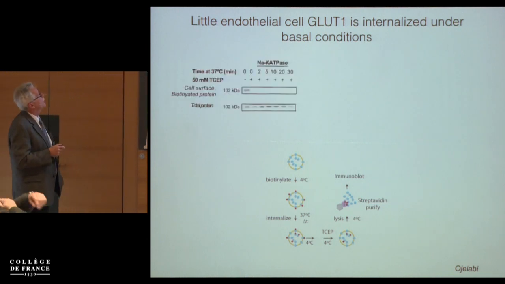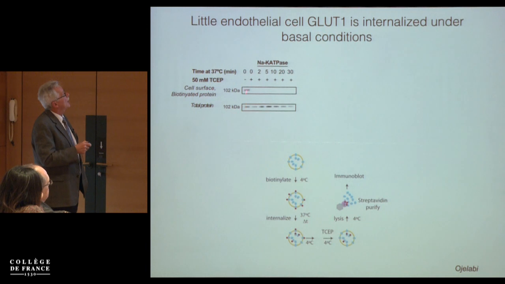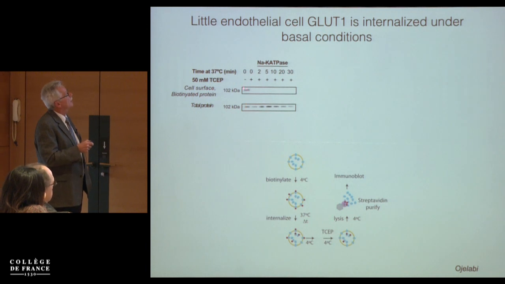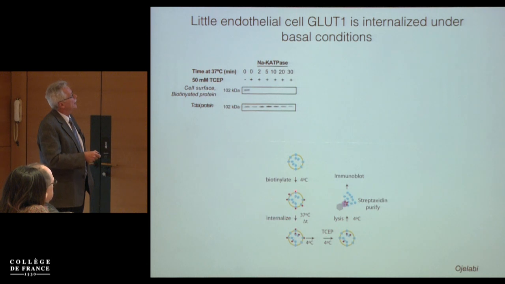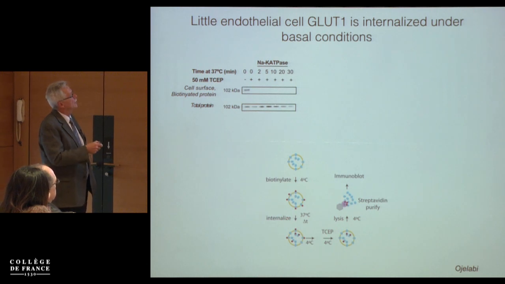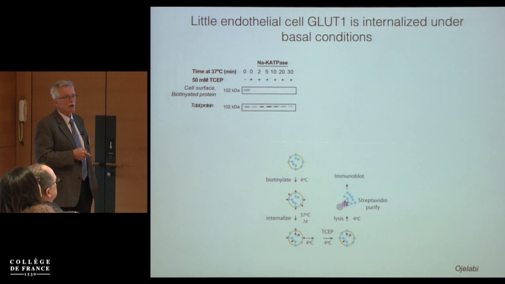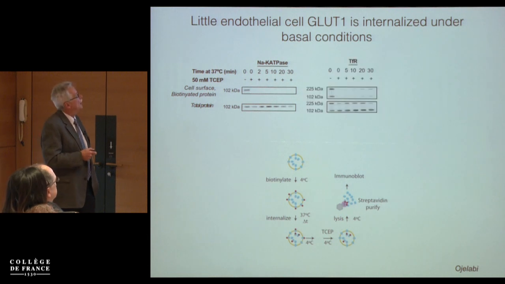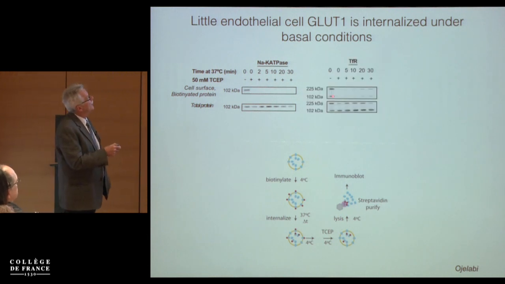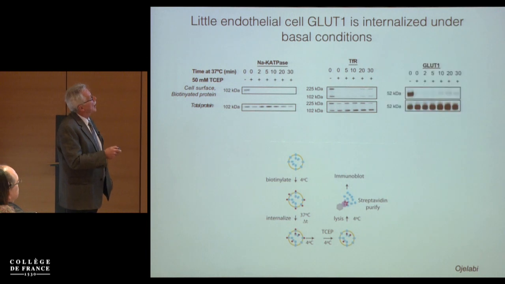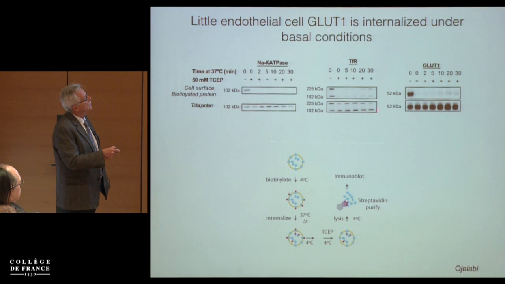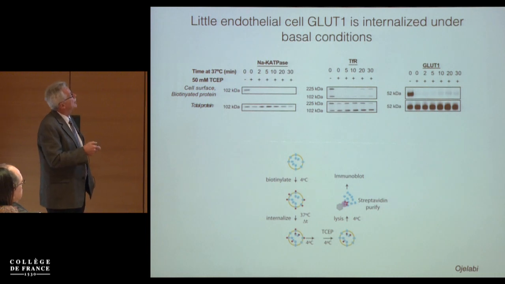And we can see with the sodium-potassium ATPase, there's a lot there at 0 time, but as soon as we treat with TCEP at 37 degrees, it all disappears. Nothing is internalized at all. Transferrin receptor is internalized, and a small amount of glucose transporter is internalized. This is the total amount shown below.